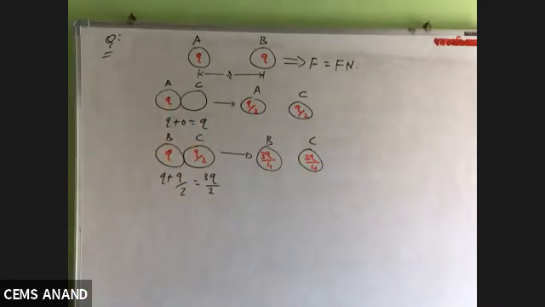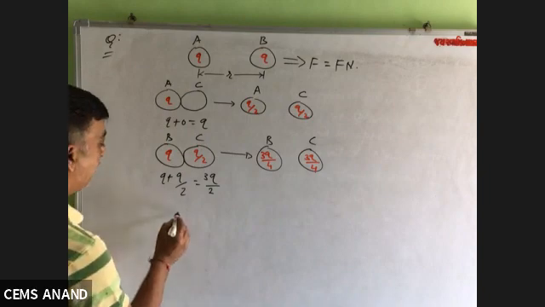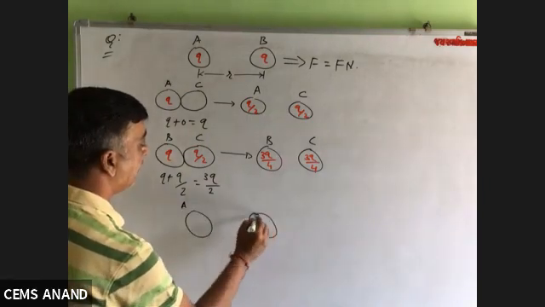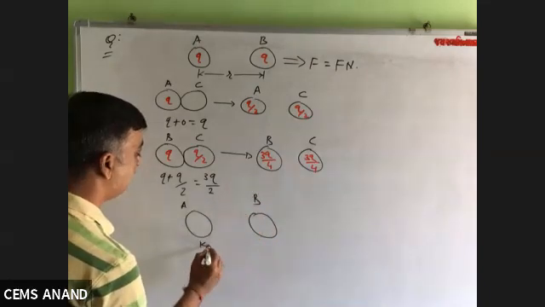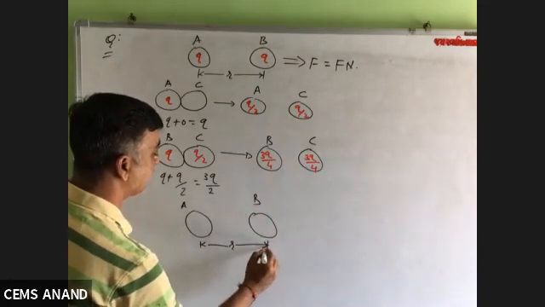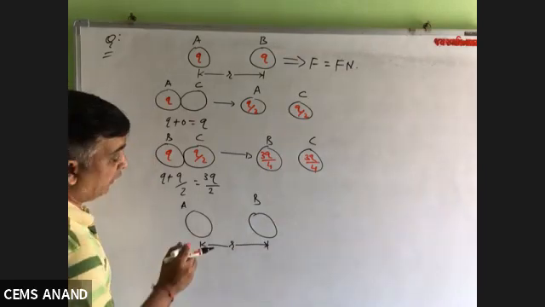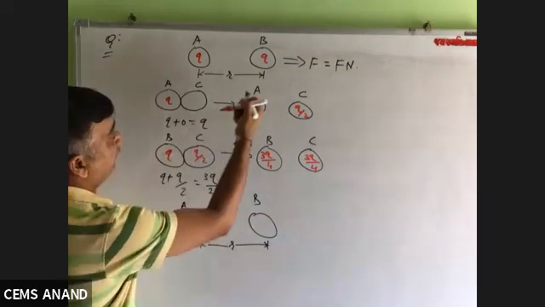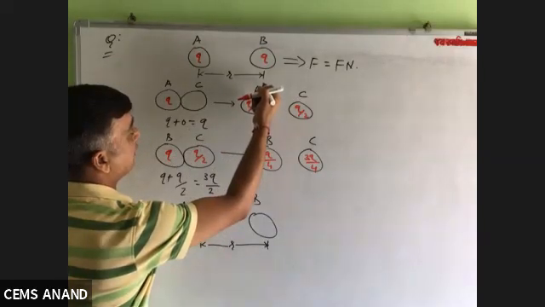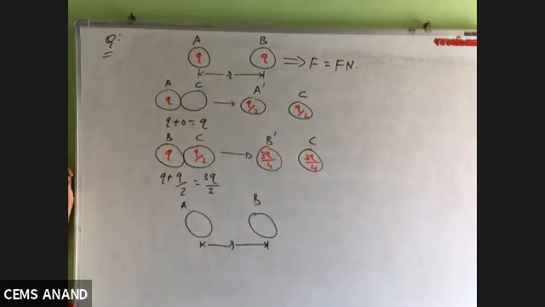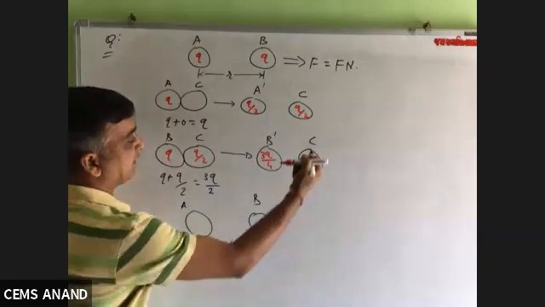Right. Now once again A and B are brought near each other and separated by r. But now what is the value? The newly produced spheres are called A dash, B dash, and C dash.